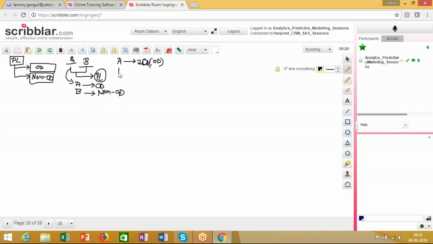And A has applied for a personal loan of 1 lakh. Now A has a personal loan of 1 lakh, and he is taking the loan for 2 years.